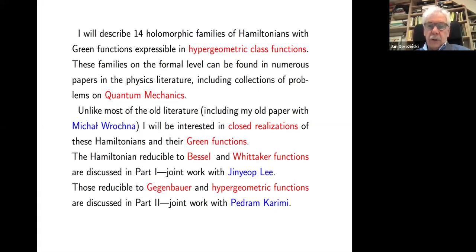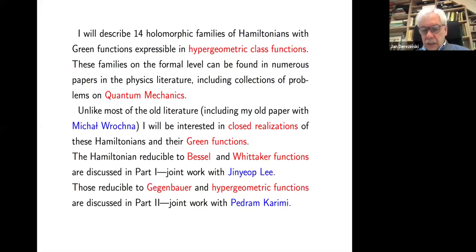If you study quantum mechanics, you must have seen at least a few of them. And if you had an ambitious teaching assistant, you may have seen even more of them. But most of the literature is formal, without functional analysis.